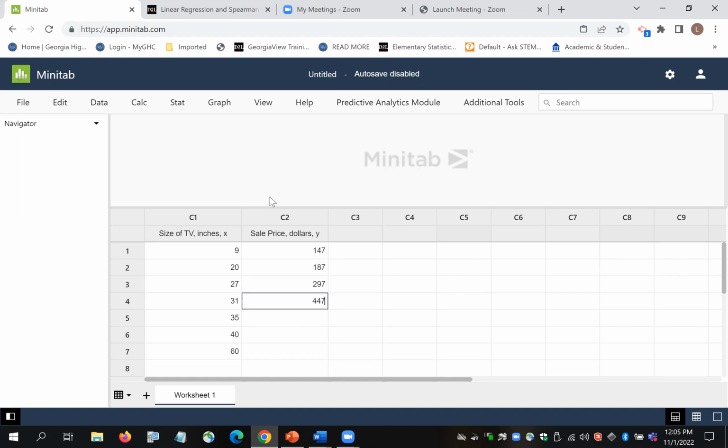So I'm typing the data in. Again, when you're done, you will have two columns of data. You'll have one column for the X, one column for the Y.